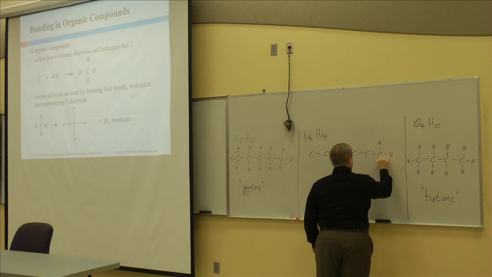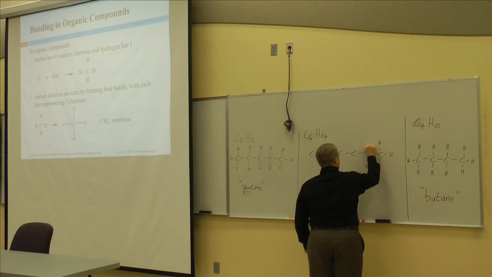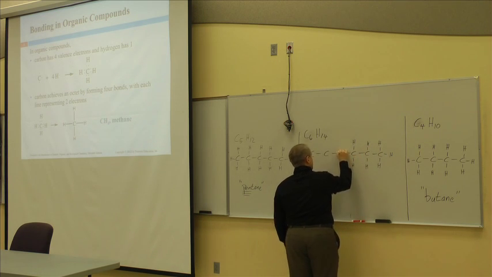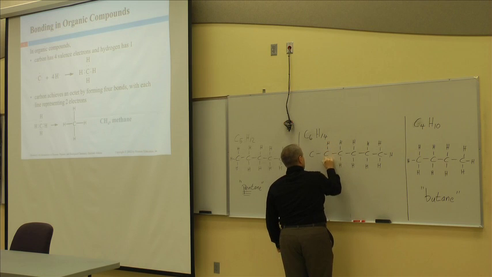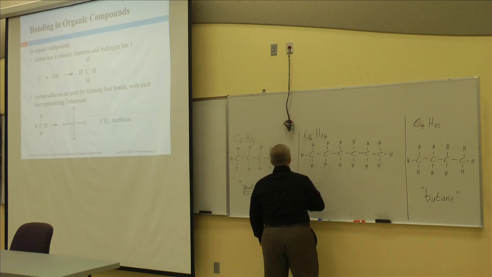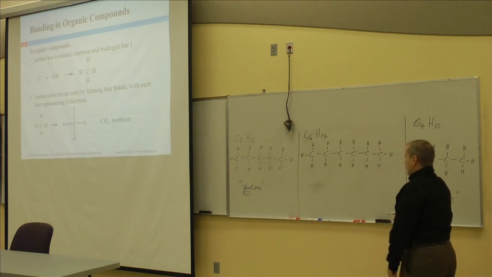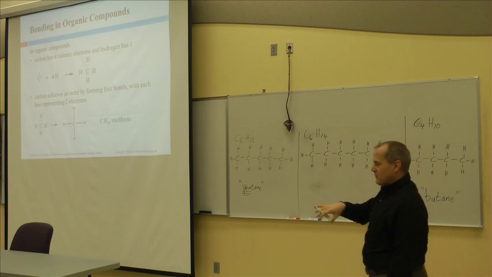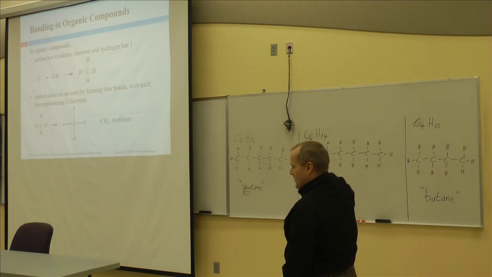Hydrogen, hydrogen, hydrogen, hydrogen, hydrogen. Another hydrogen up there, another down there, another over here, a couple more over here, and 3 more over here, and my arm is ready to fall off, and I'm sure yours is too. That is hexane.